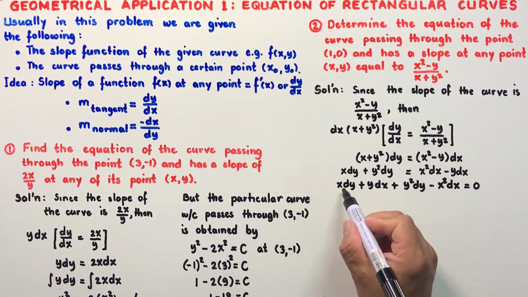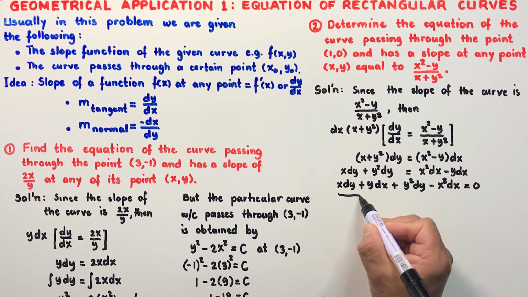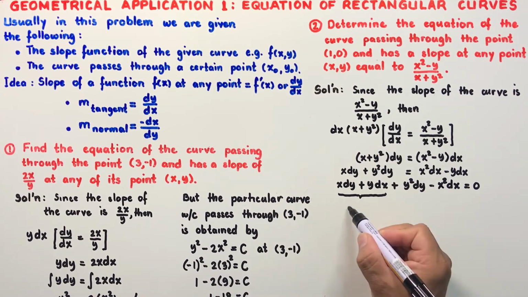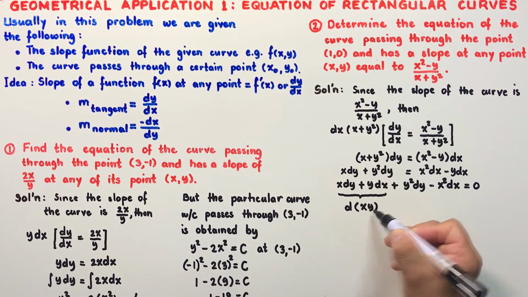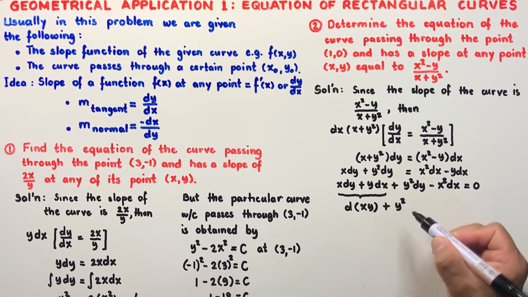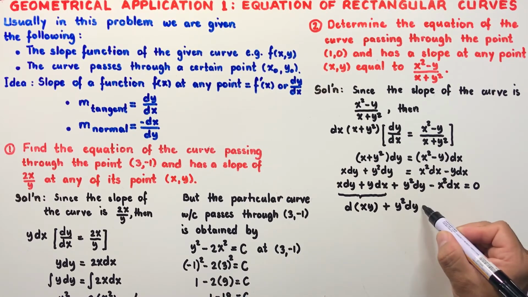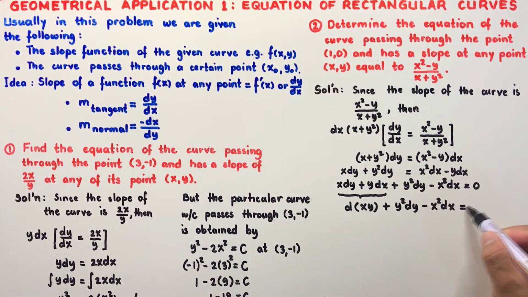You notice that this is an integrable combination, because x dy plus y dx is just the differential of the product of x and y, and this is added to y squared dy minus x squared dx.